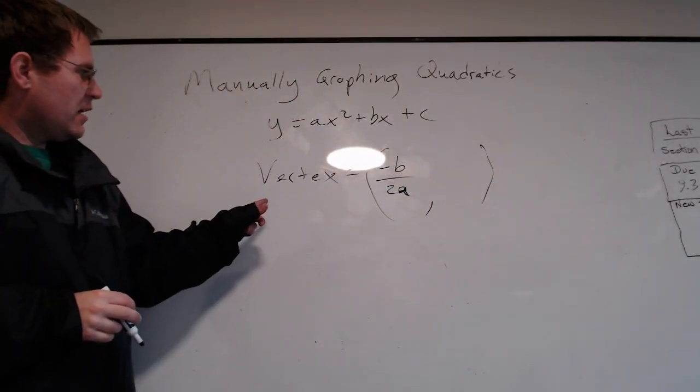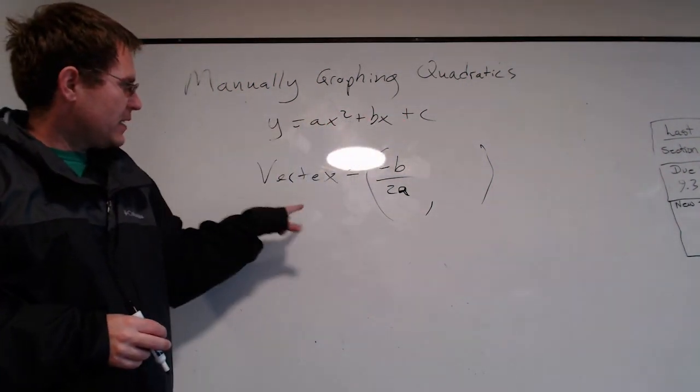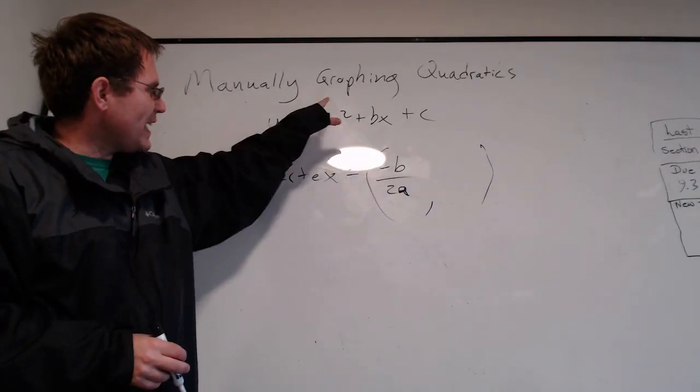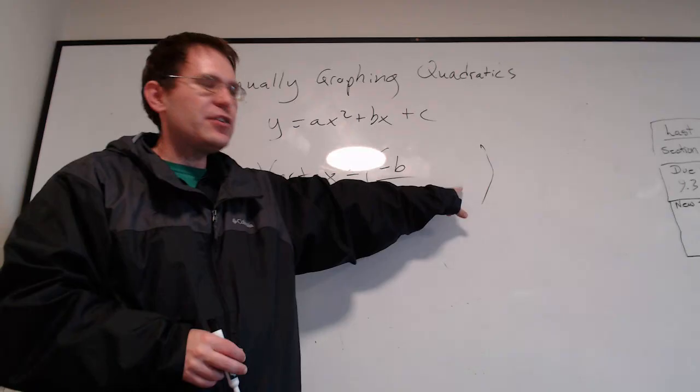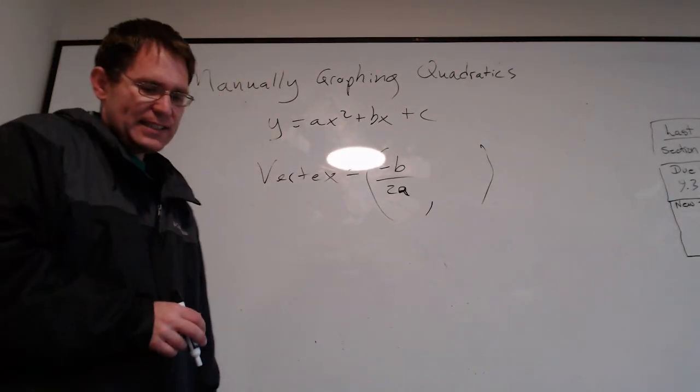So to get the vertex, you have it in this form, and then you do this. Then once you get this, you plug that into your formula, and that'll give you your y value for the vertex. So let's look at an example.